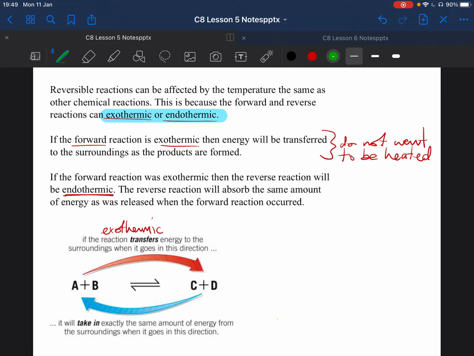The reverse reaction is endothermic, because it absorbs energy. And what that means is as the exothermic forwards reaction is happening and releasing energy, the endothermic reverse reaction is absorbing that energy and taking it in. And so we don't get an overall change in energy.